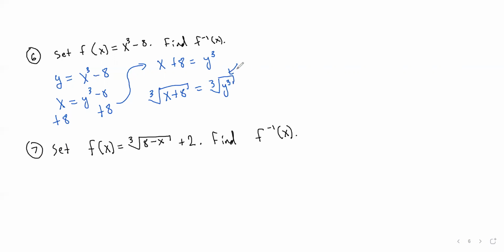But the cube root of y^3 is just y. So this becomes y, or the cube root of x + 8 is equal to y. And for our final step, you just replace y with f inverse. So we have f inverse of x is equal to the cube root of x + 8.